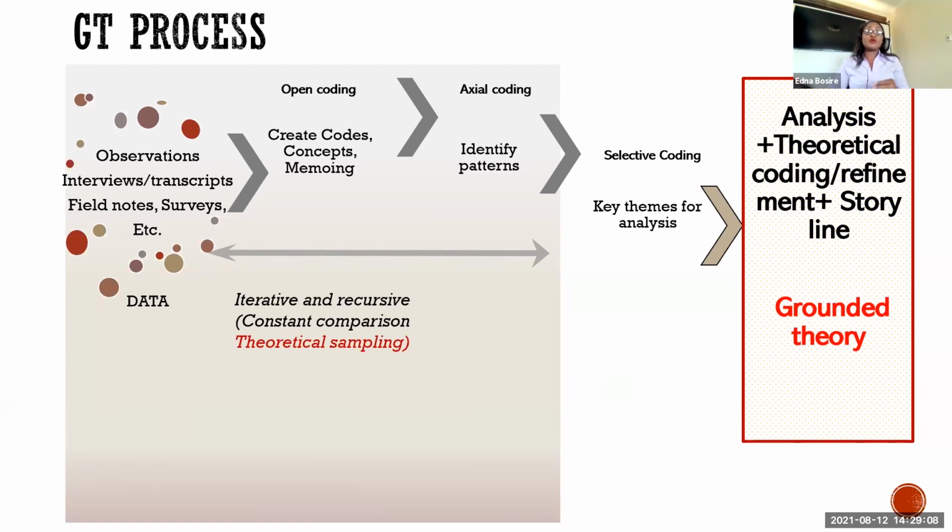And this is where you identify the key themes for analysis. This actually elevates you higher in terms of analysis. So you are no longer going back to the field, but now you are making sense of your data to see what is the storyline. So when you have your storyline, you have your key ideas, including your theoretical framing or coding, then you come up with grounded theory.